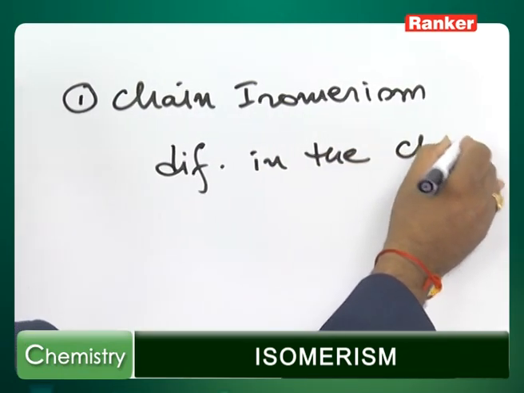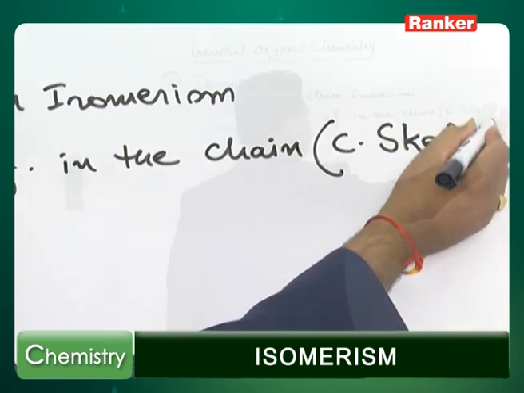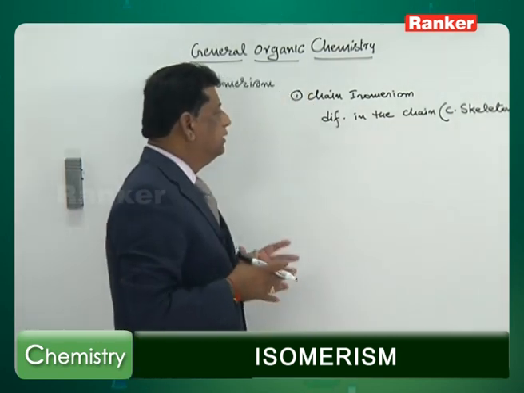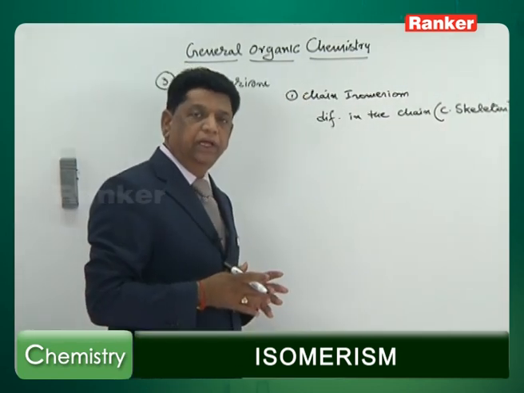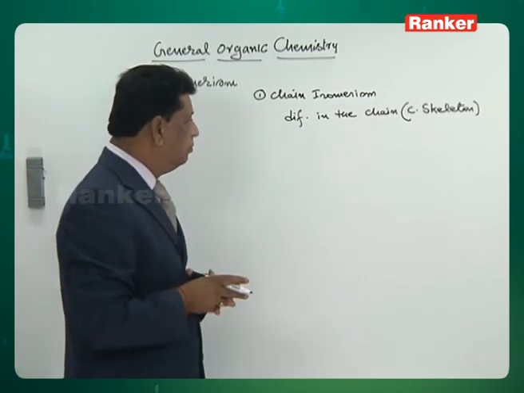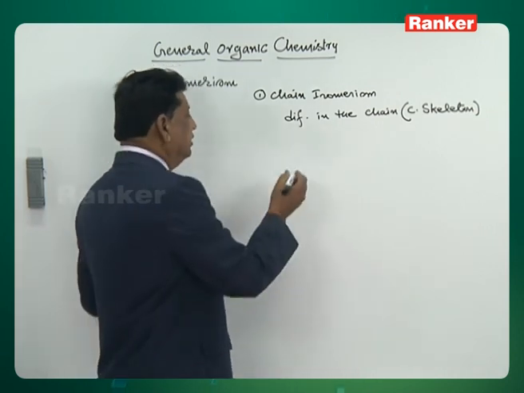In fact, the chain here means the carbon skeleton, just like we have a bone skeleton. In organic compounds, the carbon-carbon framework is called the skeleton of the organic compound. If that skeleton differs, then we call it chain isomerism.